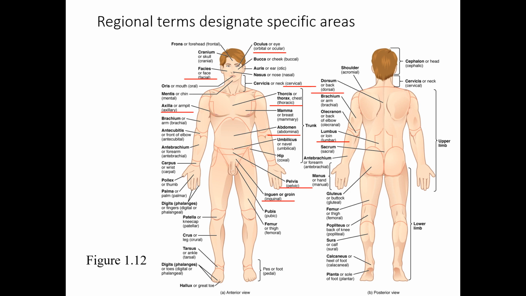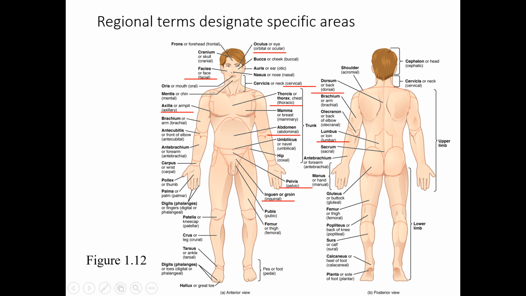Regional terms. What are regional terms? If you are a health care worker and you have a patient with a wound and you need to write down your nursing report and indicate the location of the wound, it would be really uncomfortable to write down, somewhere on the back, right here, to the left from midline.